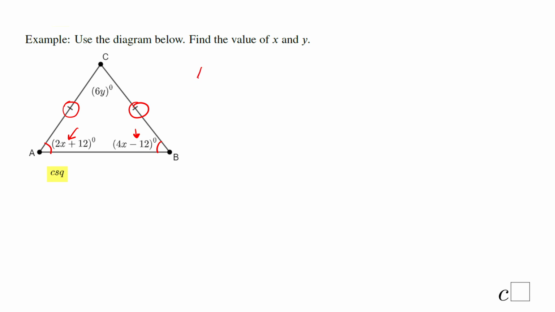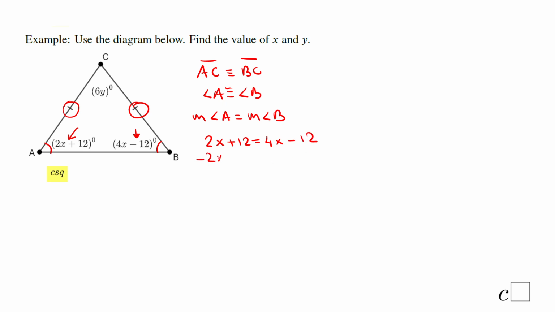So because AC is congruent to BC, we can say also angle A is congruent to angle B, which means the measure of angle A is equal to the measure of angle B. And now we can write the equation, which is 2x plus 12 equals 4x minus 12.